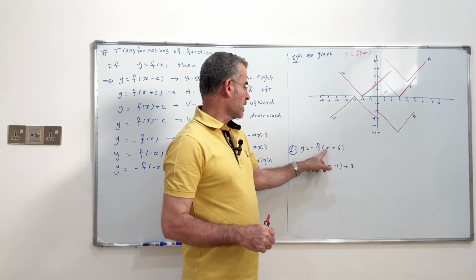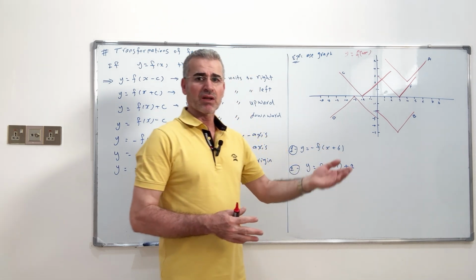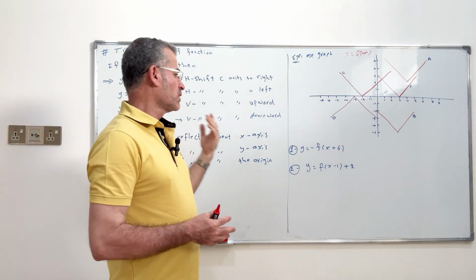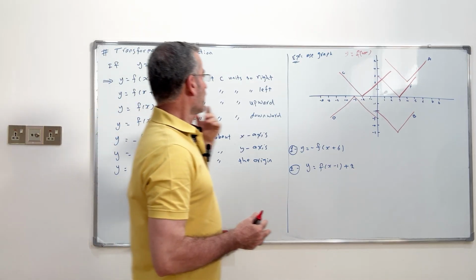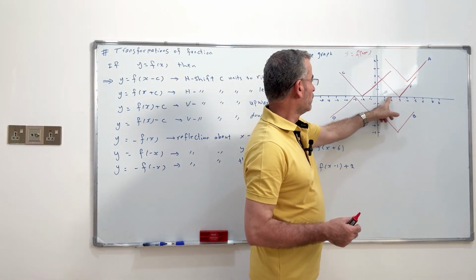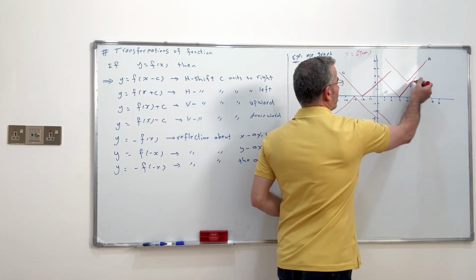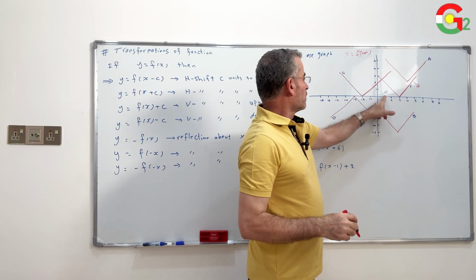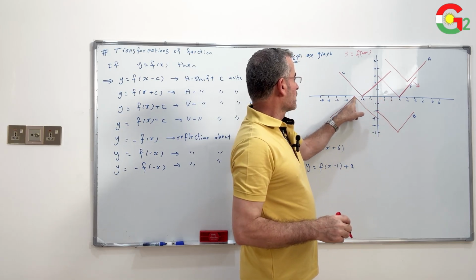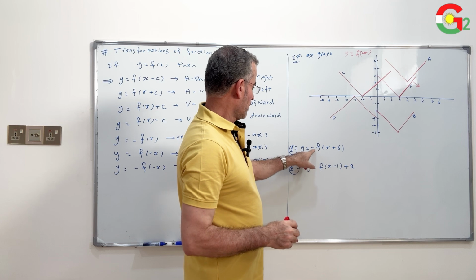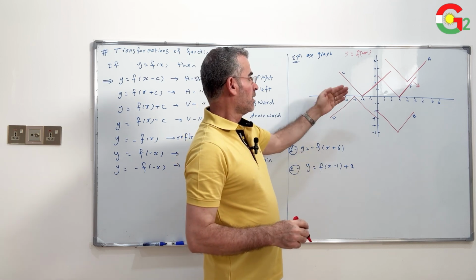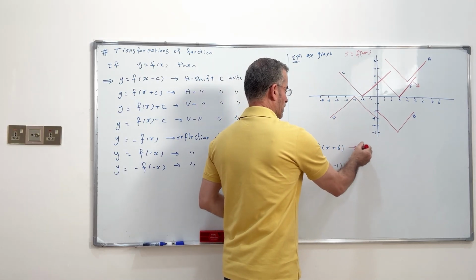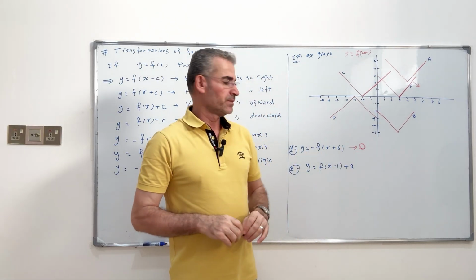The first is x plus a number, then we have 6, a horizontal shift, 6 units to the left. 6 units to the left, 1, 2, 3. This is f, the original function. 6 units to the left, then I have the vertex here, and I have a reflection by the x-axis, so the graph will open downward. Then D is the right choice.